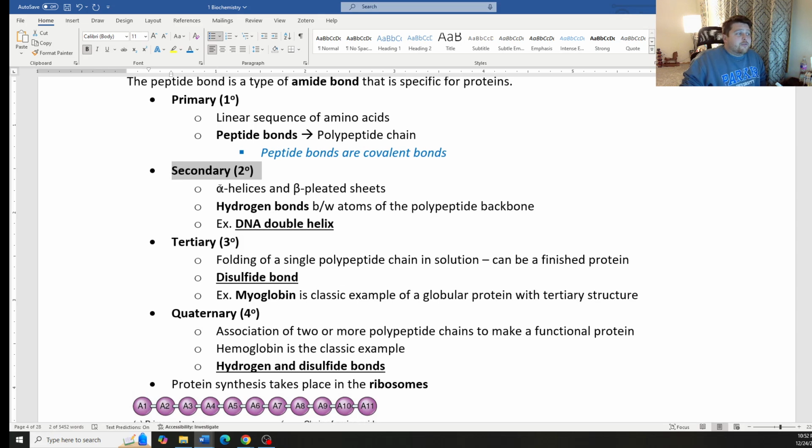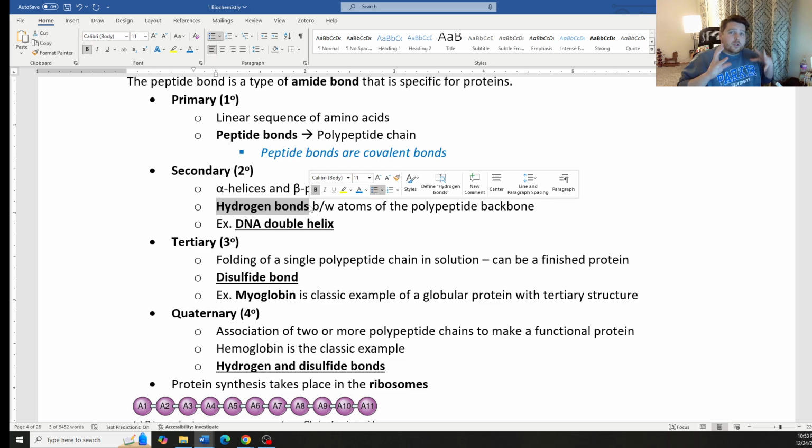And they're going to fold into alpha helices and or beta pleated sheets. So you can have multiple alpha helices and multiple beta pleated sheets within a single protein. It just depends on how all of the different amino acids interact with each other. And they're interacting with each other through their hydrogen. So you get these hydrogen bonds.